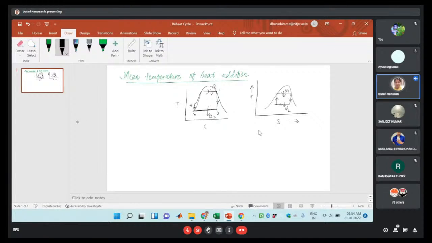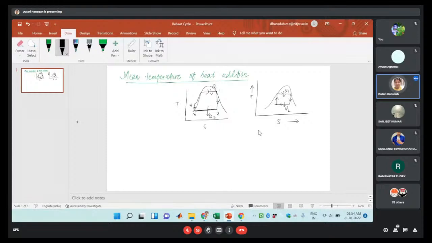This is the expansion process in the turbine, 1 to 2, and 3 to 4 is the compression process. This is also reversible adiabatic. So these two processes are the same as those of the Carnot cycle. The only difference is the heat addition and heat rejection.